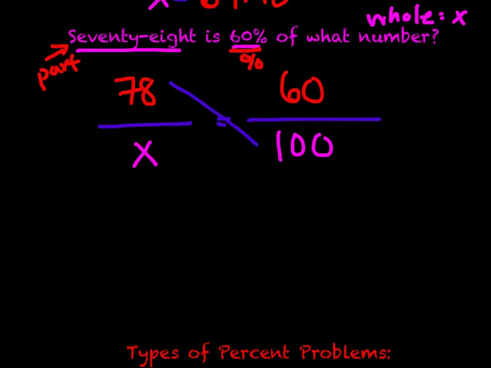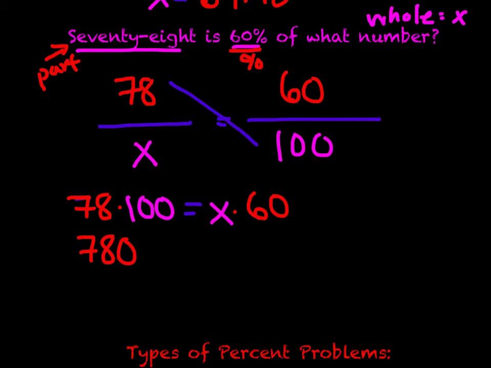So 78 times 100 is equal to x times 60. 78 times 100 equals 7,800, and that is equal to x times 60.